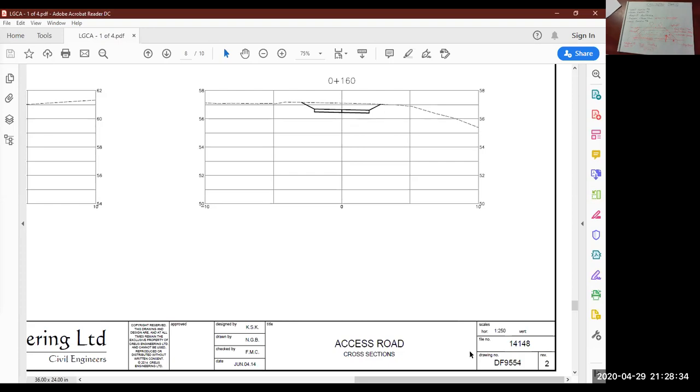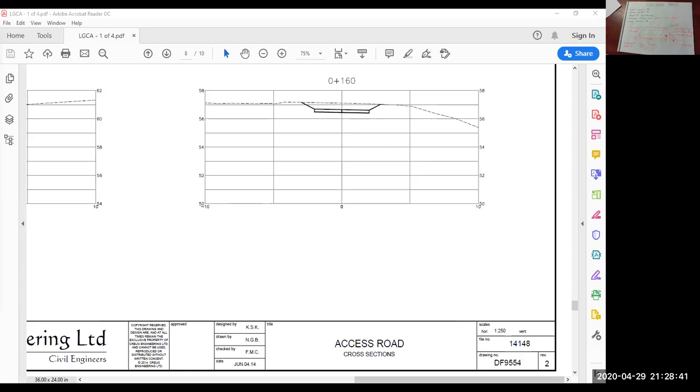Yes, everyone use a scale of 150. That's the scale you can use on your printed out cross sections.